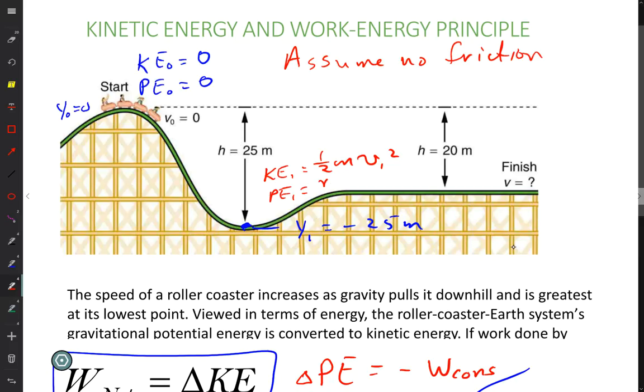Okay, it's going to be mg, and I'm going to put y1. H was the elevation, so I'm using y here for the elevation. So I put y1 for the h there. So there's my kinetic energy 1, my potential energy 1. I can go over here and do the same things. Here I have y2 is equal to minus 20 meters, and I'll have the same equations except with 2's.